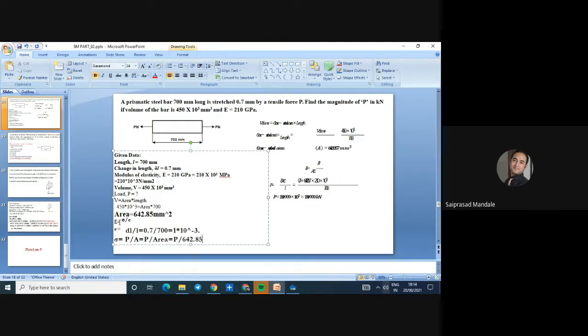E is given to us, so we put in the value: E is equal to 210 into 10 raised to 3, and strain is 1 into 10 raised to minus 3. You have to calculate this, and rearranging the terms, you will have the value of P.